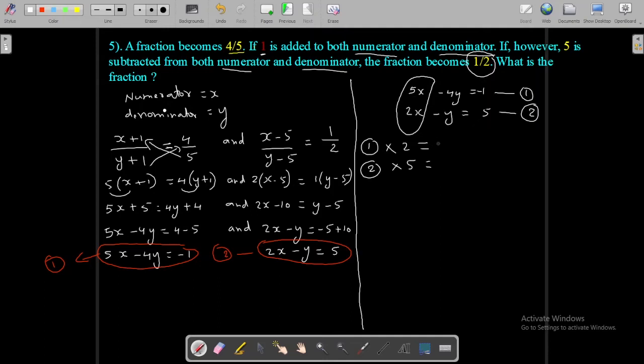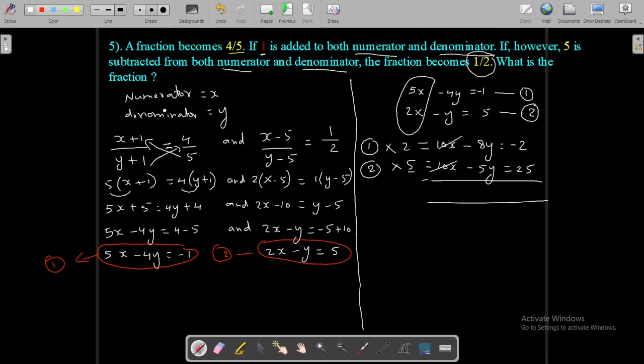So 2 5s are 10x minus 8y is equal to minus 2. Similarly, 10x minus 5y is equal to 25. I am multiplying this whole equation by 5. 5 2s are 10, 5y. 5 5s are 25. So if I simplify, I will get 10x, 10x.